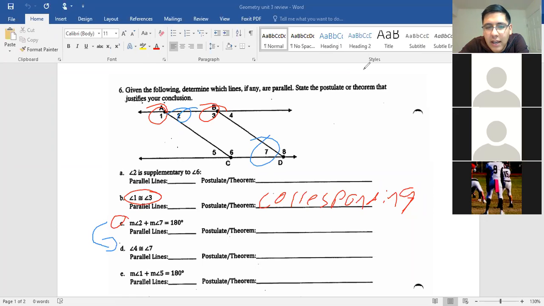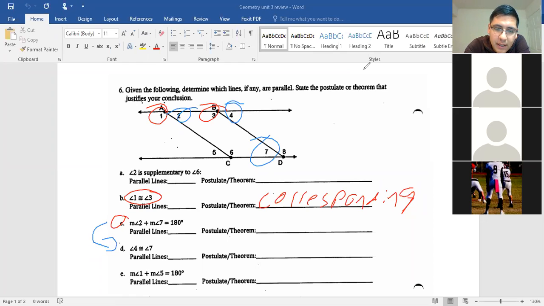What is a corresponding angle for angle 2? If anybody can tell me. So what is the same angle? 4. 4, that's right. Angle 4 is a corresponding angle. So if we look at that, those are congruent, right?